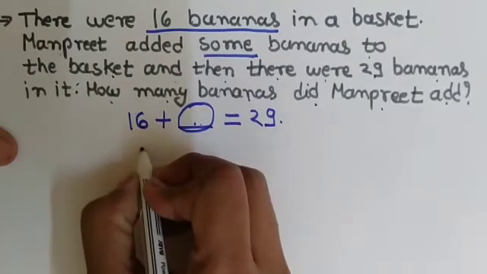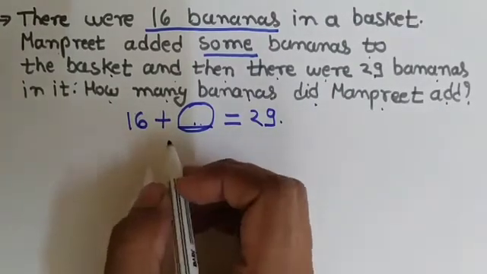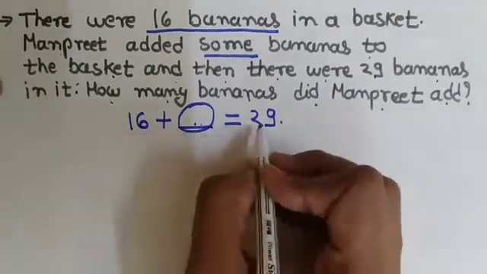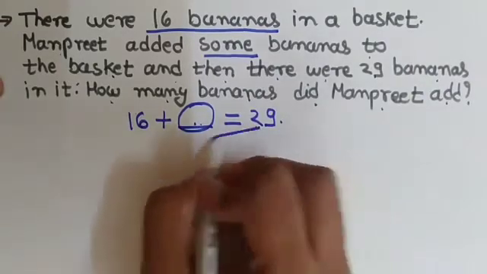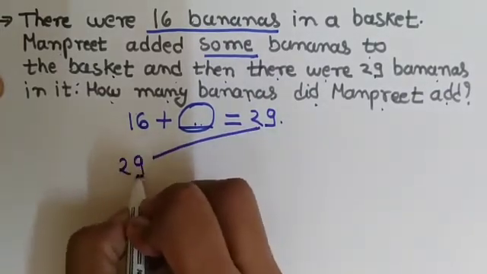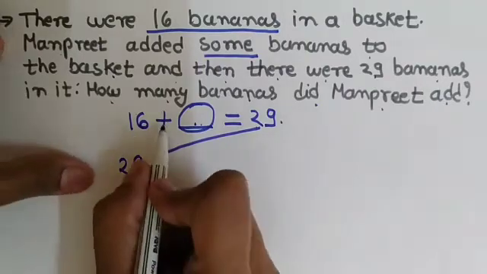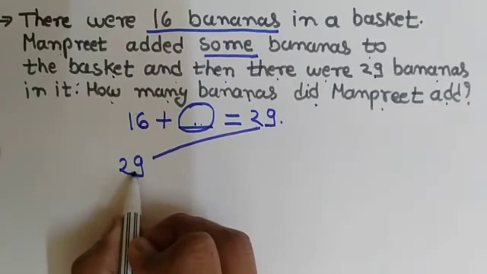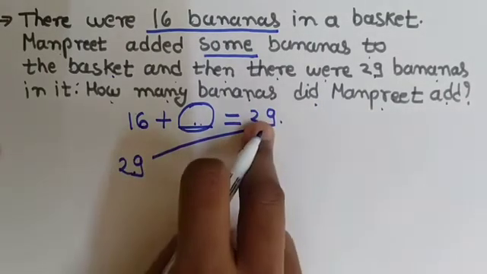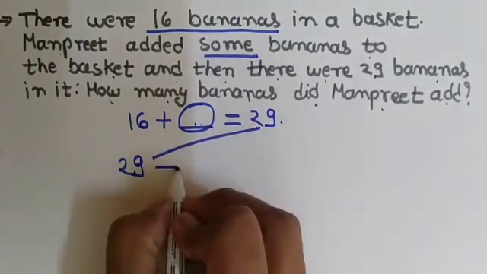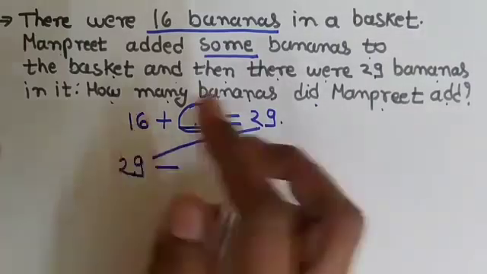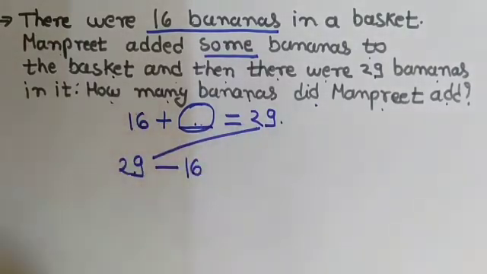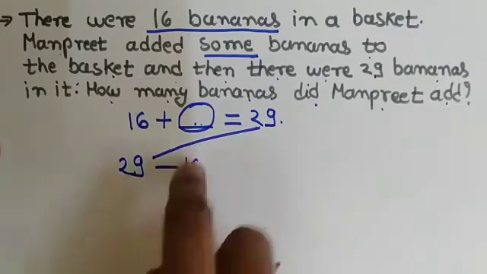We have studied in our addition and subtraction pair that we can take out a subtraction equation from this addition problem. That is, first we have to take the sum, that is 29. Put a minus, then we will put that one number here.